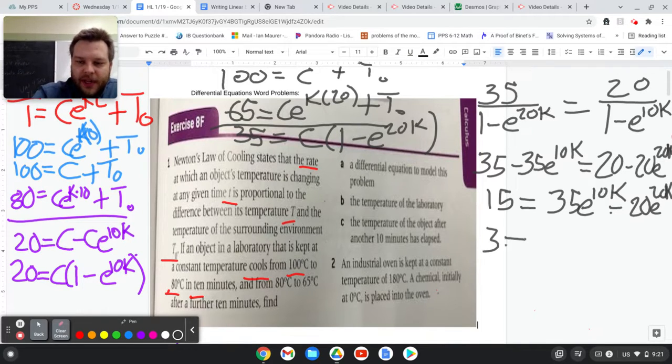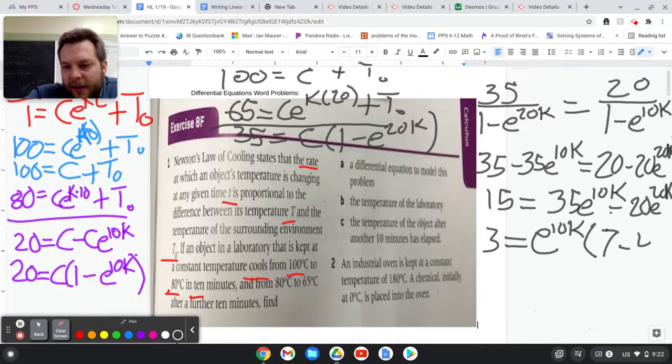So if I divide by 5, I get 3 equals, I'm going to factor out e to the 10k. So what's left over? 35 divided by 5 is 7. What's left over? 20 divided by 5 is 4. e to the 20k divided by e to the 10k leaves me with e to the 10k. Sorry, I squeezed it in there.